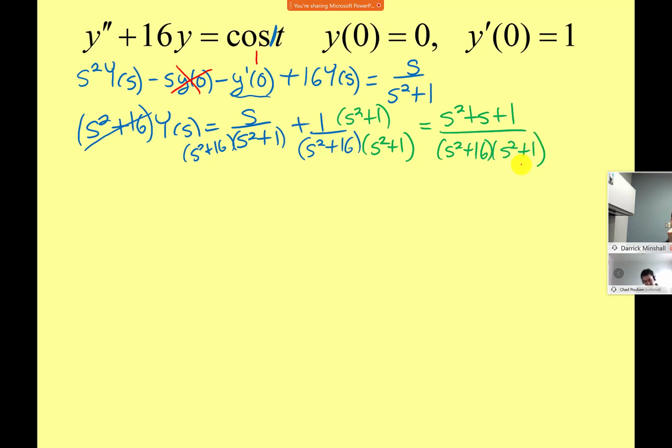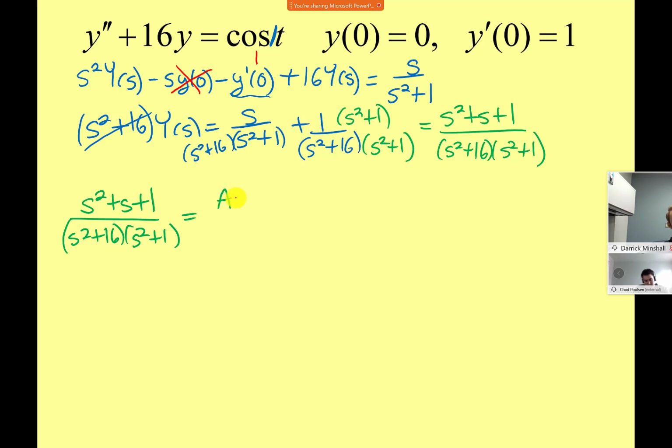Okay, partial fractions. Not going to be fun, because both denominators are quadratics that won't factor, so both numerators are going to need two terms. Okay, so I'm going to have s squared plus s plus 1 over s squared plus 16 times s squared plus 1.